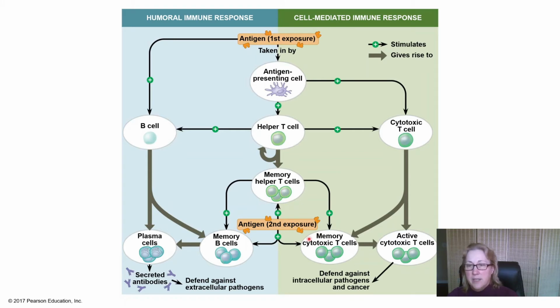We have memory cytotoxic T cells, which when that antigen is presented again, are going to produce active cytotoxic T cells. And you'll notice here that our helper T cells are pivotal in this response. And this is the cell that is eliminated by the HIV virus. Remember, these are the CD4 cells. And that is the protein that HIV binds to get into cells to reproduce.